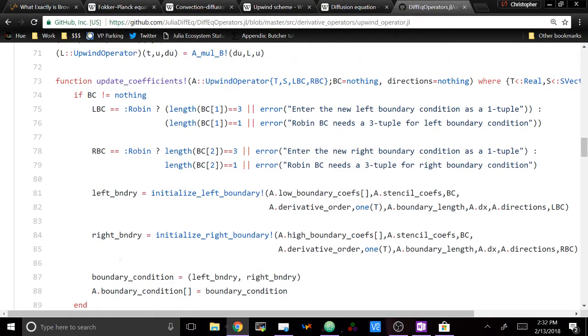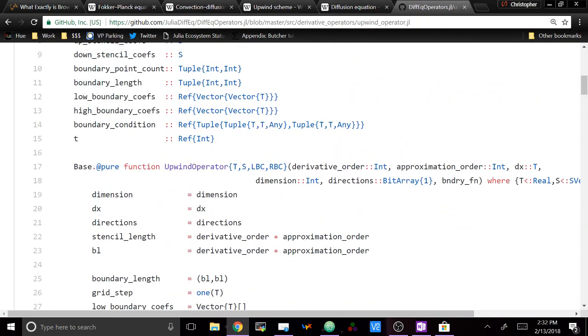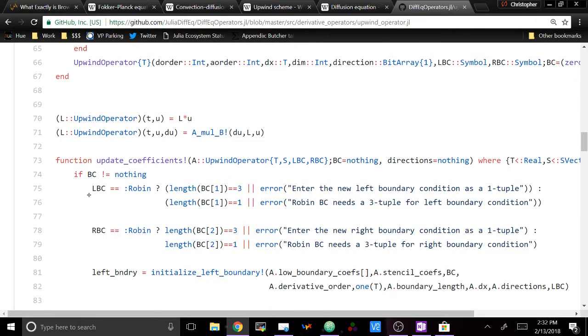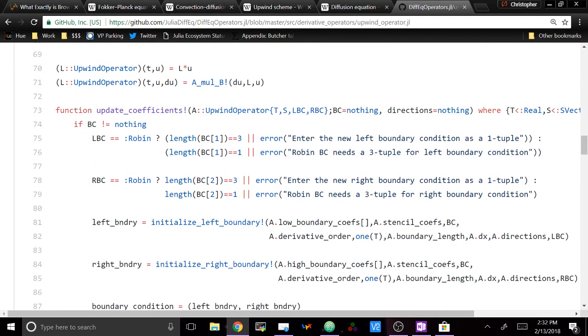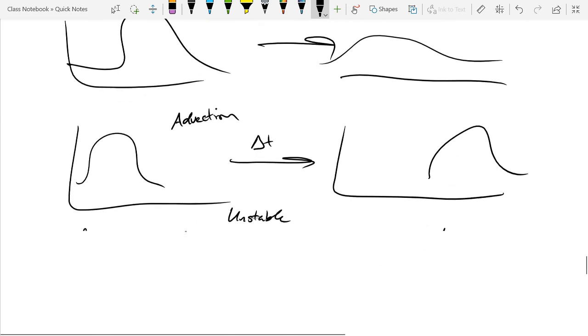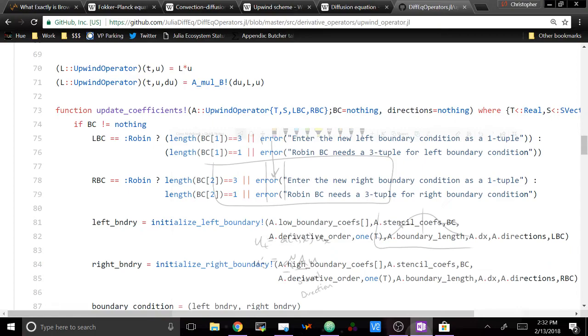So what this actually should be doing is this operator should hold on to what this a function is, so that way when you call update coefficients, it will just know itself to update the directions. So that way when doing a times u, it will be doing everything with the right directions for that given time point. So that's one thing that needs to be done with the upwinding scheme.